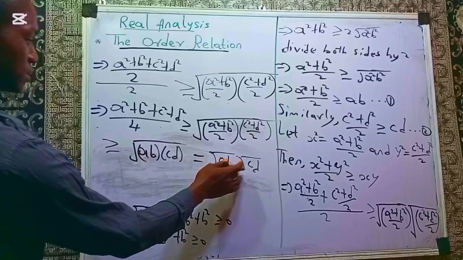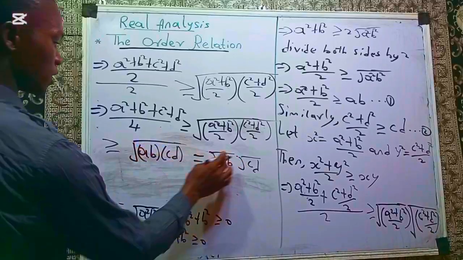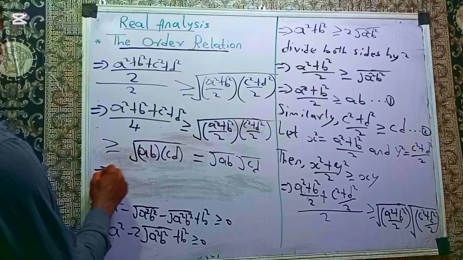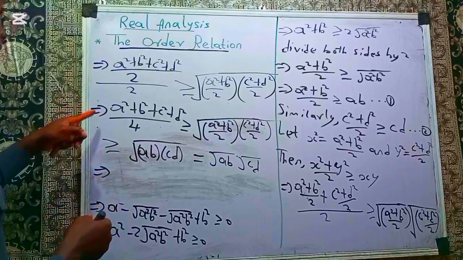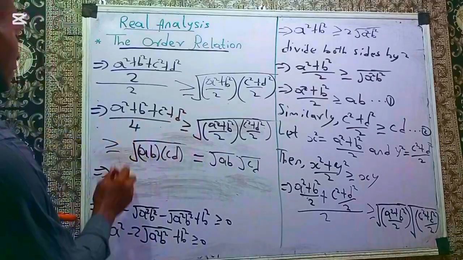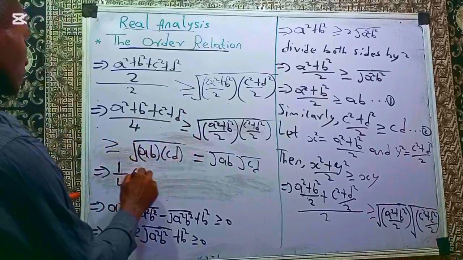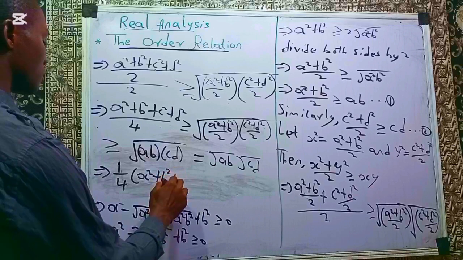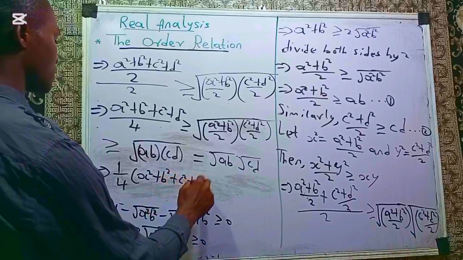So this quantity is the same thing as this. That's why I put equal to here, because this is this. So this simply implies a squared plus b squared plus c squared plus d squared divided by 4 is the same as 1/4 of a squared plus b squared plus c squared plus d squared.